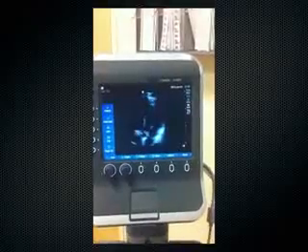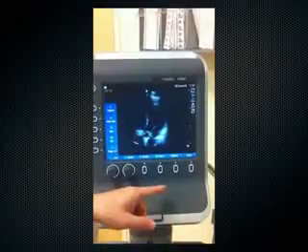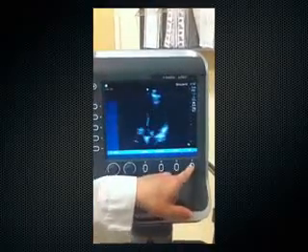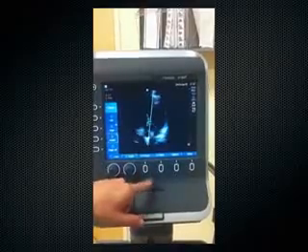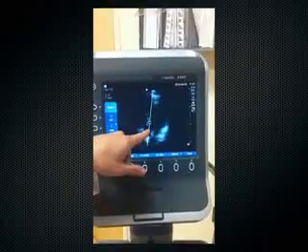Almost there. There. Yeah. Perfect. So what we're going to do next is a pulse wave Doppler. I'm going to hit the Doppler button on the fifth chamber of the heart. Remember, the fifth chamber is your actual aortic outflow tract, and this is your aortic valve right here.